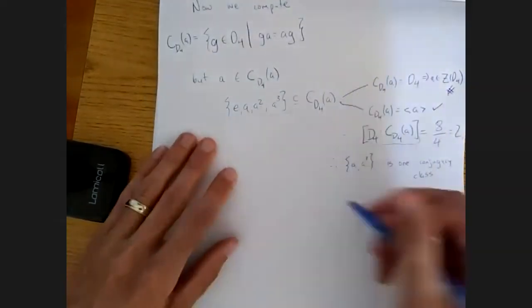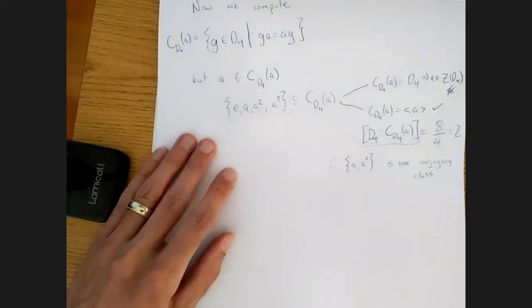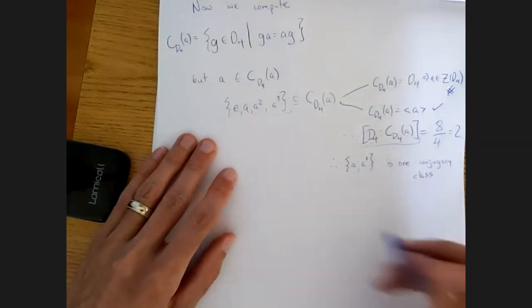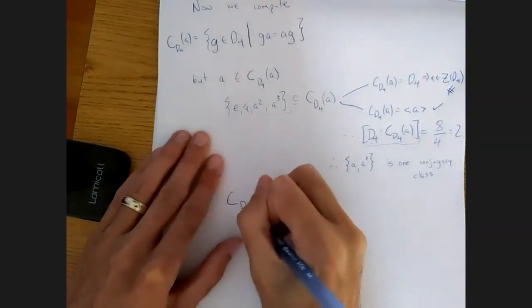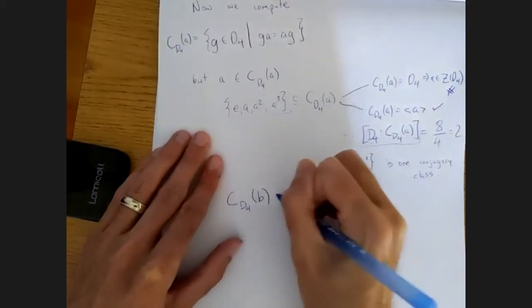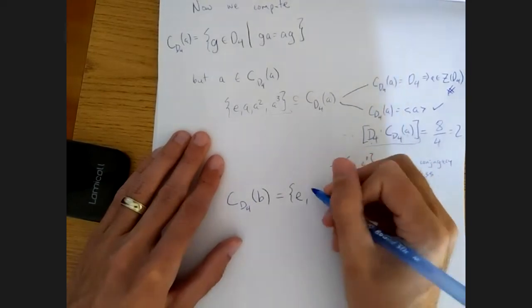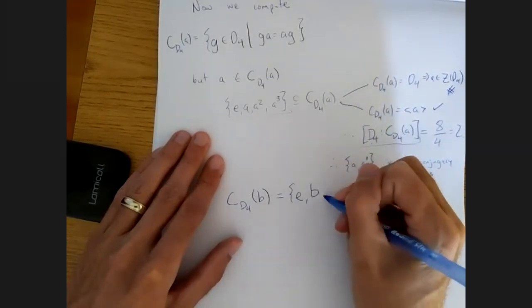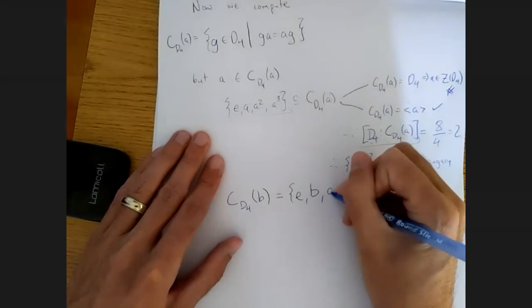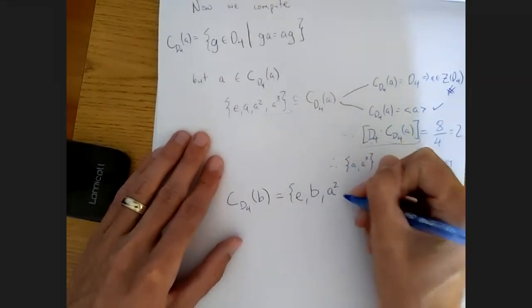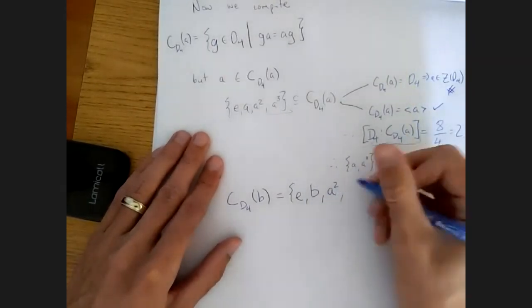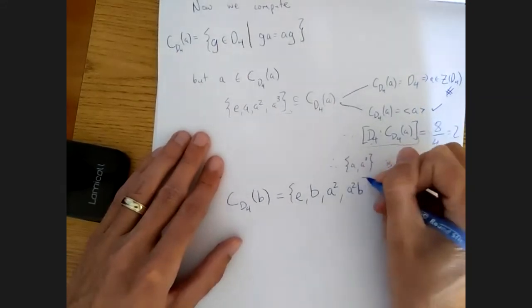Now we have to do the same thing for the conjugacy class of B. What is the conjugacy class of B? It definitely has the identity, definitely has B, definitely has A squared, since A squared is in the center. And so it also has to have A squared B. That's it.